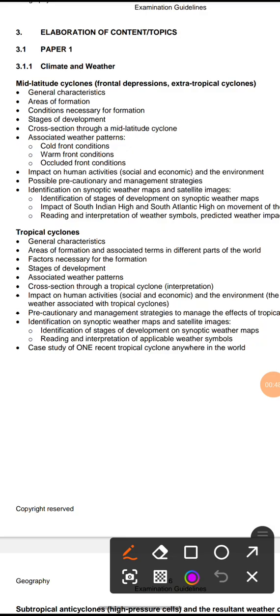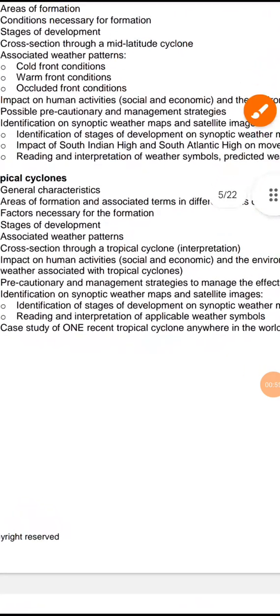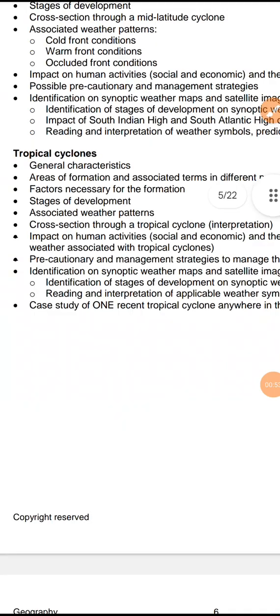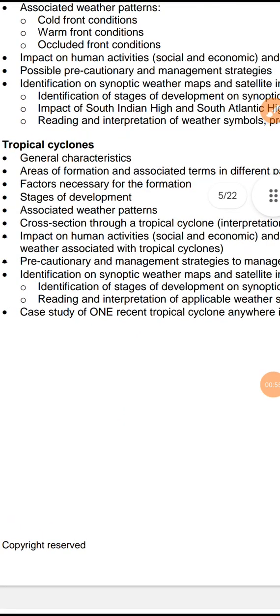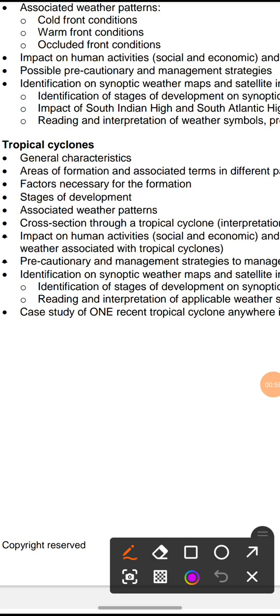You must be able to give or mention or know the general characteristics of tropical cyclone, the area of formation, factors necessary for the formation of tropical cyclone, stages of development, associated weather patterns.